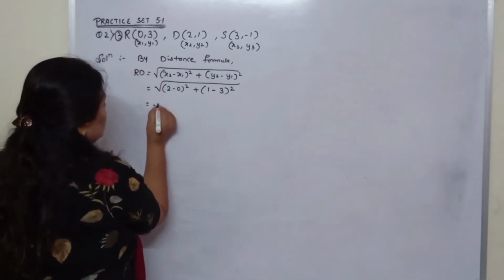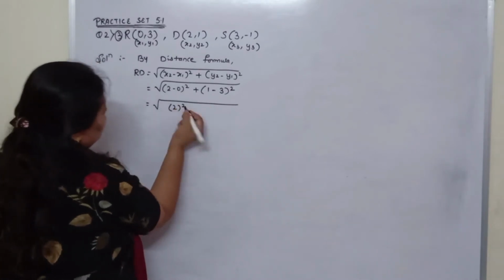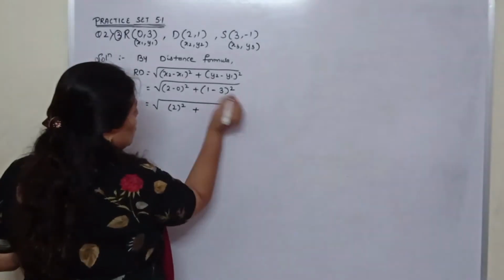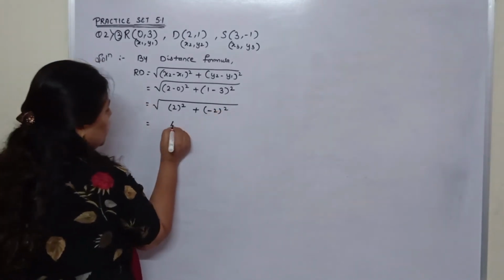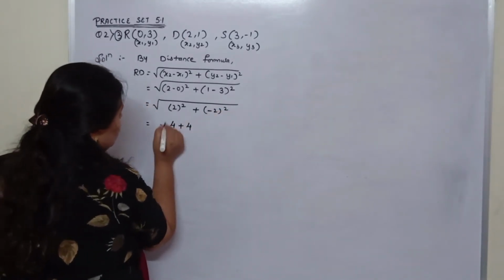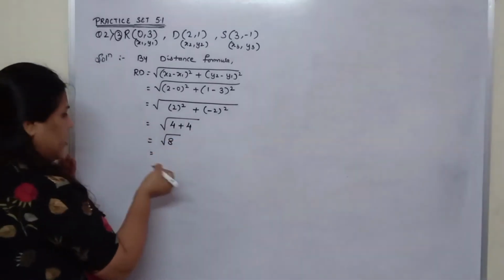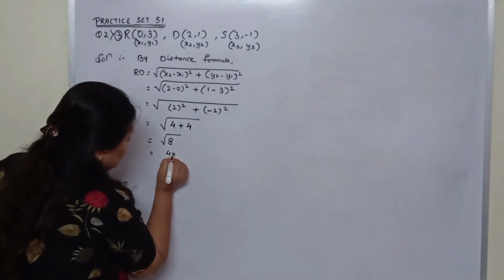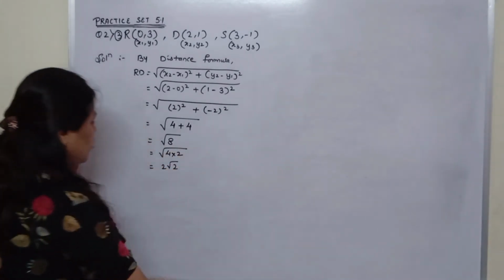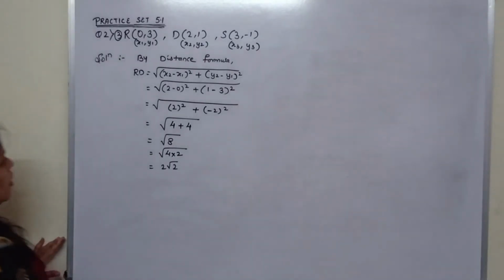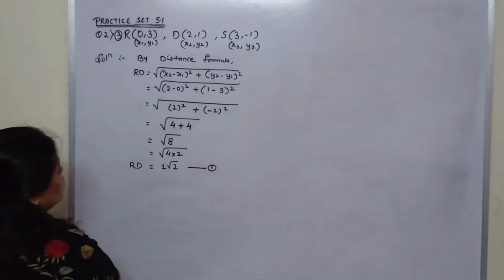So that is equal to (2 minus 0) is 2 the whole square plus (1 minus 3) is minus 2 the whole square. So it will be 4 plus 4, that is root 8. We can write it as 4 2s are 8. So it will be 2 root 2, right? This is our first equation, RD equals 2 root 2.